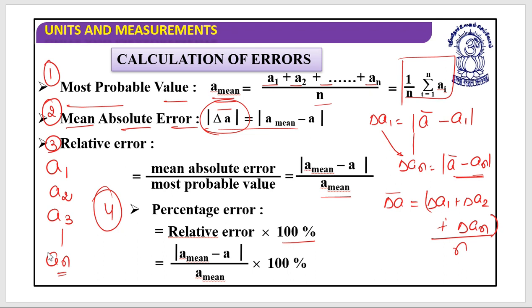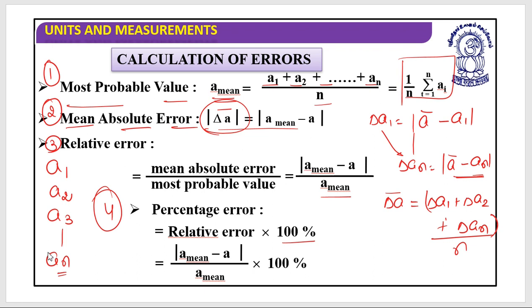First, the most probable value, which I call A mean. Second, I should find the absolute error, that means the error in the observation of each individual value, and then the mean absolute error. The third is the relative error, which is the ratio of the mean absolute error to the most probable value.